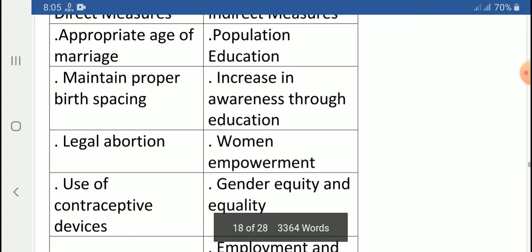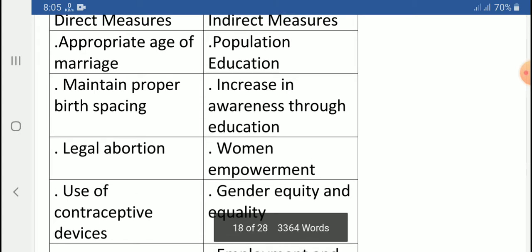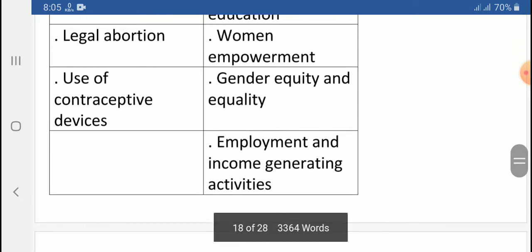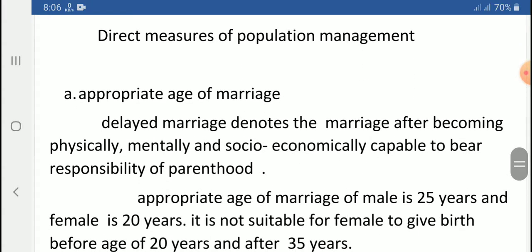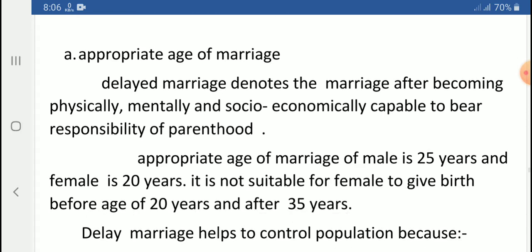So let us discuss each of the points of direct and indirect measures. First, direct measures of population management. Direct measures include appropriate age of marriage, also called delay marriage. Delay marriage denotes marriage after becoming physically, mentally, socially and socio-economically capable to bear the responsibility of parenthood.